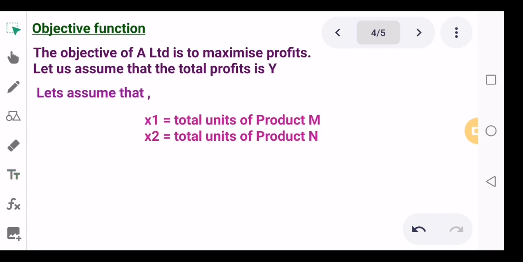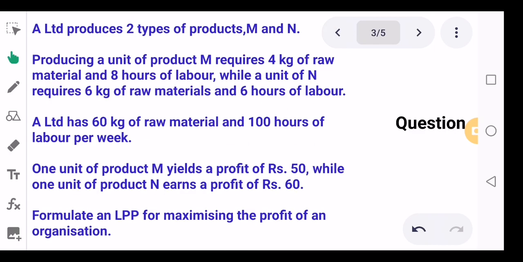And let us assume that the total profit is Y. We don't know what the total profit is. We are assuming that total profit is being represented by Y. Now in the question, what they are saying is 1 unit of product M yields a profit of rupees 50. That means if you produce 2 units of product M, the profit will be 100. 3 units means the profit will be 150.